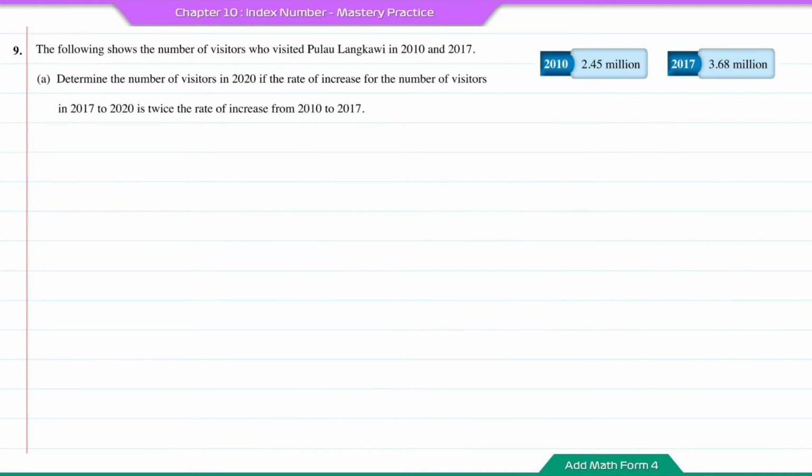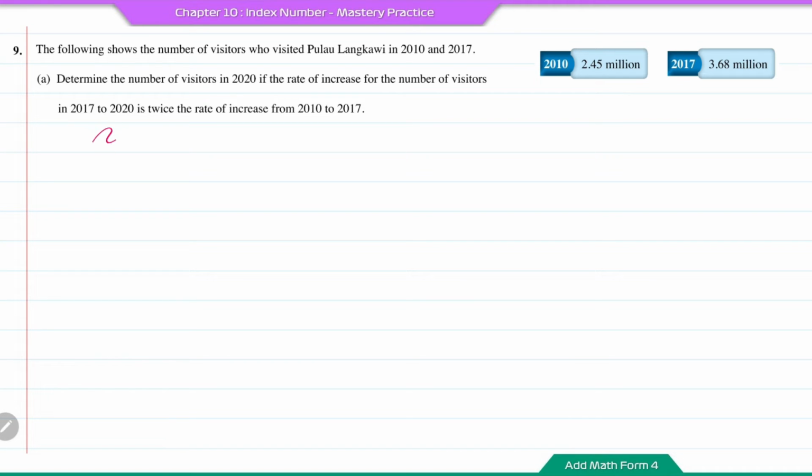Question number 9. The following shows the number of visitors who visited Pulau Langkawi in 2010 and 2017. A. Determine the number of visitors in the year 2020 if the rate of increase for the number of visitors in 2017 to 2020 is twice the rate of increase from 2010 to 2017.